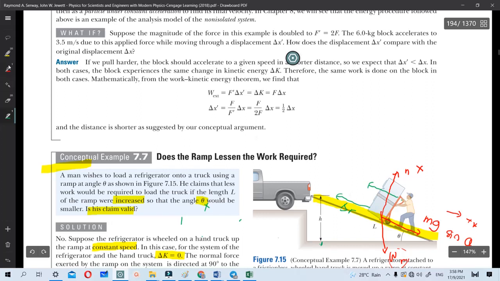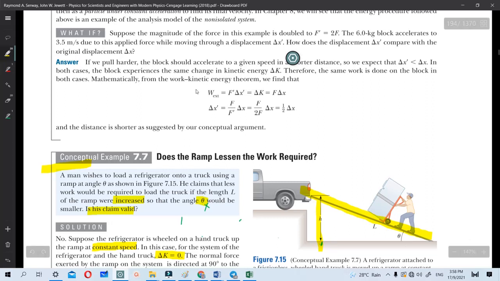Remember this example whereby you ended with a conclusion that regardless of how it moves, whether through the ramp, okay, let me show you the ramp itself. If you move through this distance or this distance, you find that you arrive with the same answer regardless. In fact, you can have a longer ramp but the same height. You still arrive with the same amount of work.